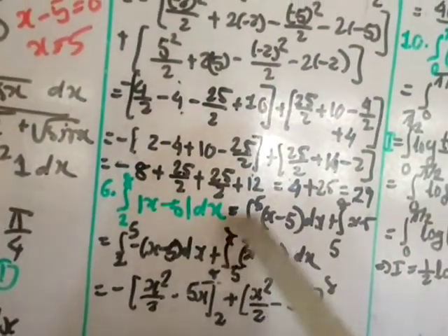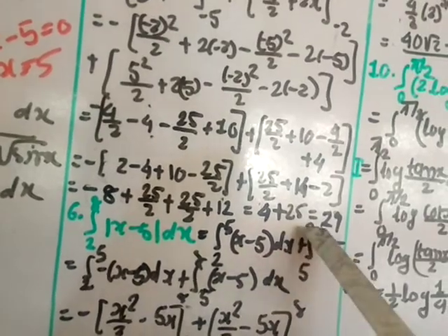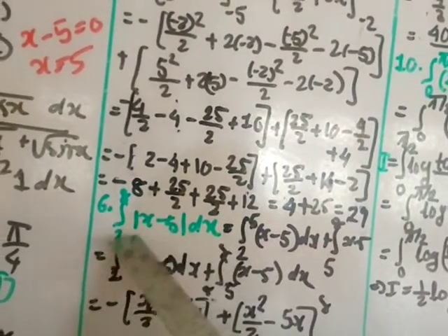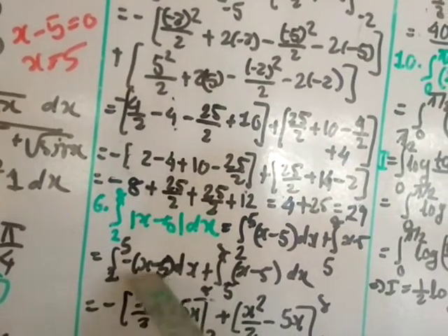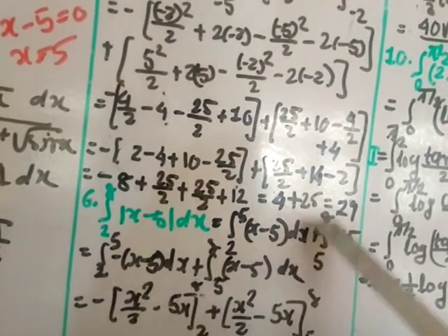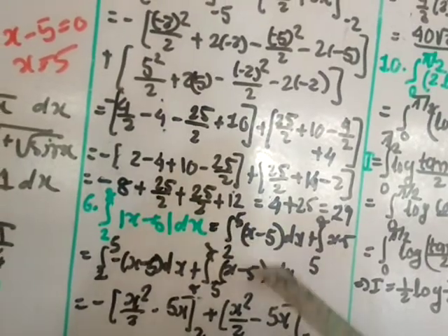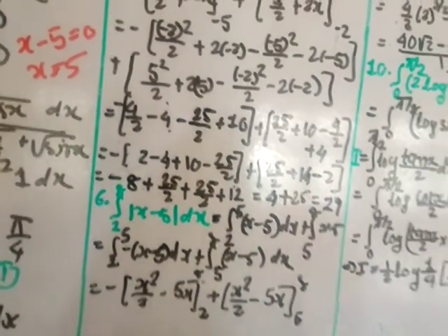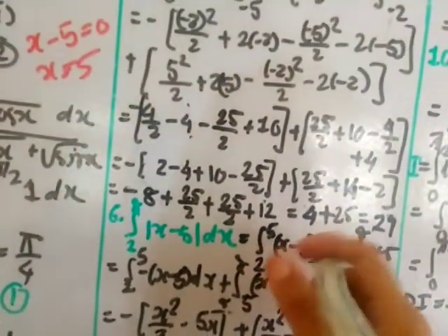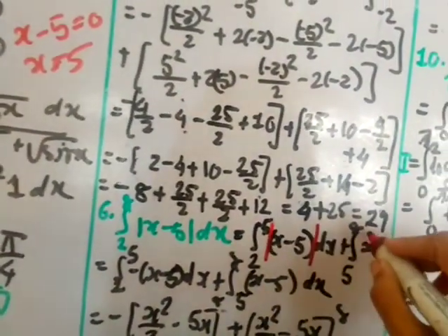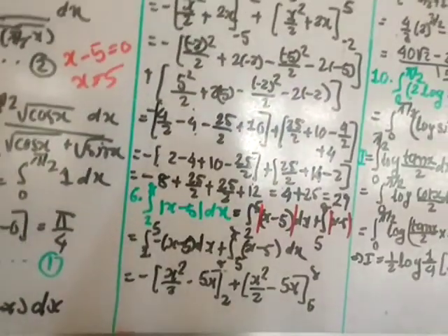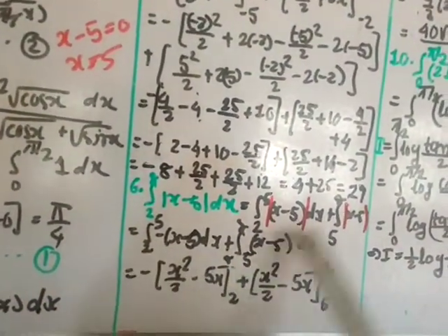So I have divided it into 2 to 5, x minus 5, and 5 to 8. For 2 to 5, this will be a negative answer, so I have put minus: 2 to 5 integral minus x minus 5 dx, plus 5 to 8, it will be positive. Here also you should put modulus, because if you remove the modulus you have to put minus here. After giving the limit and removing the modulus, the first part will be negative, the second positive.